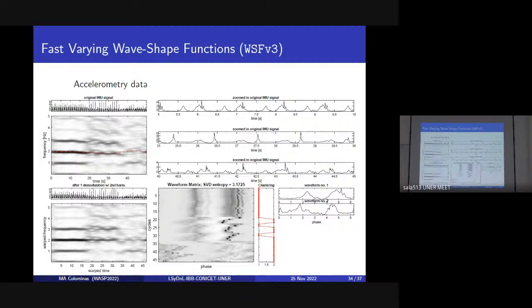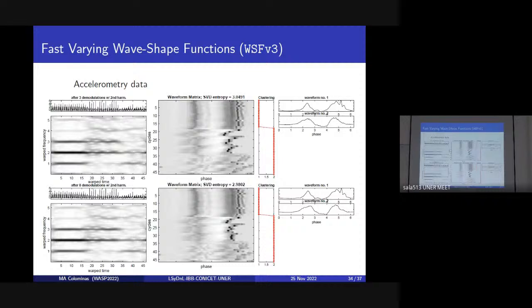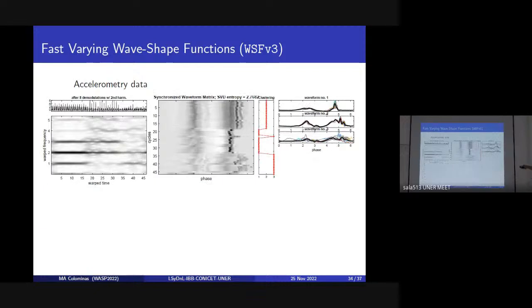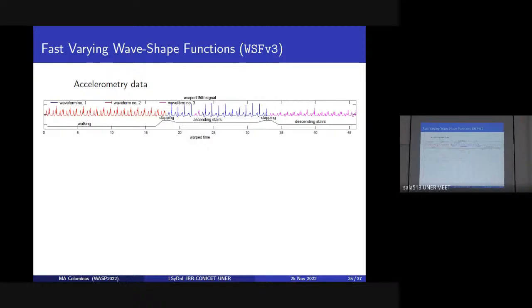If you run again, and if you refine, iterating and iterating, always using the SVD entropy as an indicator, after 8 demodulations with the second harmonic you have something which is reasonable, and you find these 3: walking, ascending stairs and descending stairs, and the guy just clapped, just to mark the transitions.